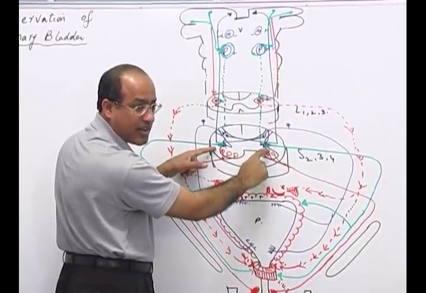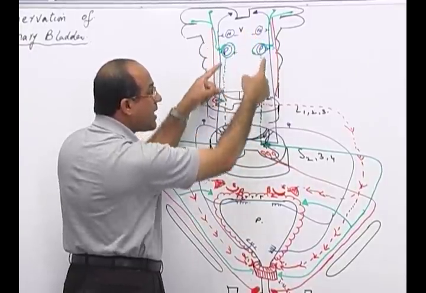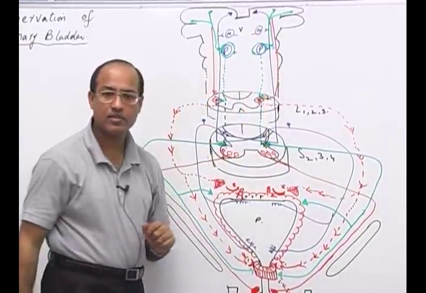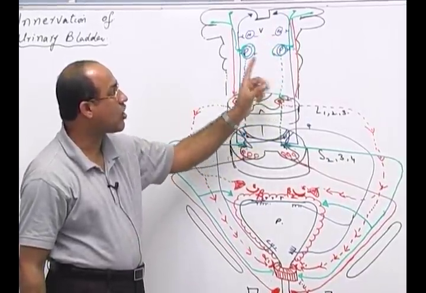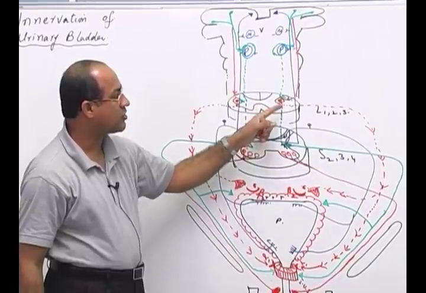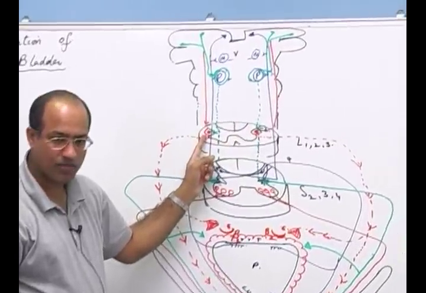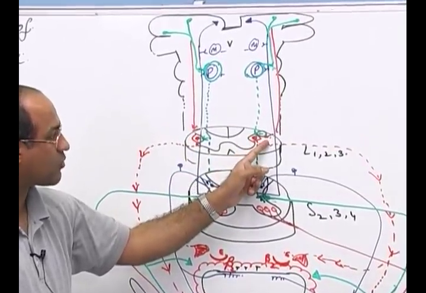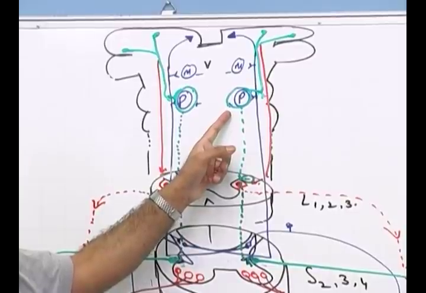But once he is in the right place and he's comfortable to pass the urine, the descending pathway alters its behavior. The descending pathway inhibits the sympathetic outflow, and stimulates as well. What is this? Pontine stimulation.